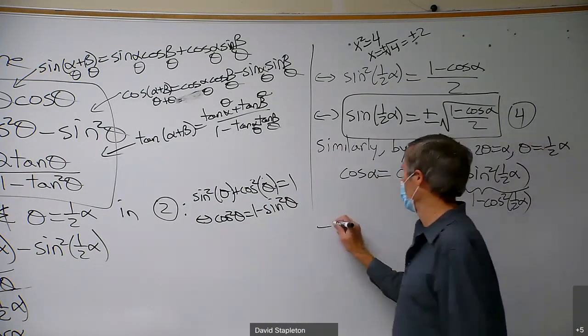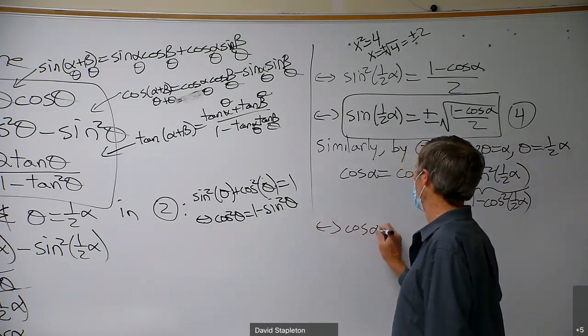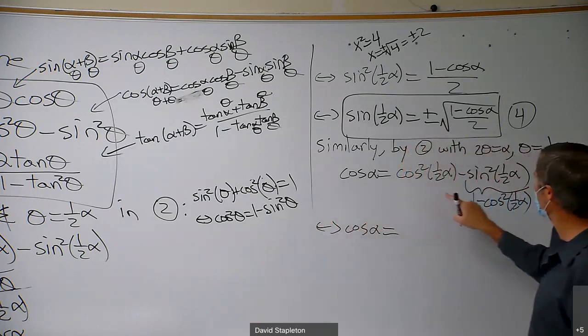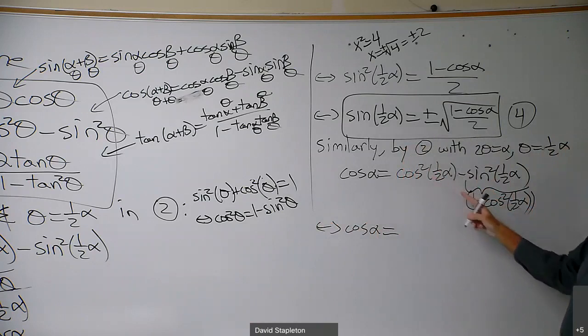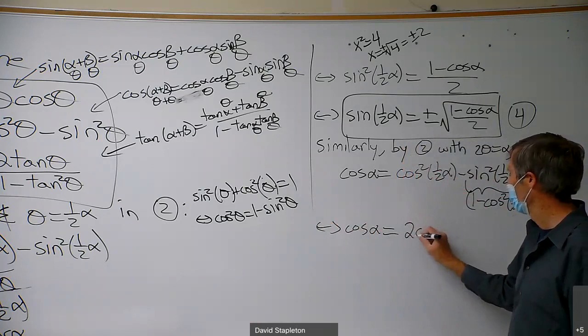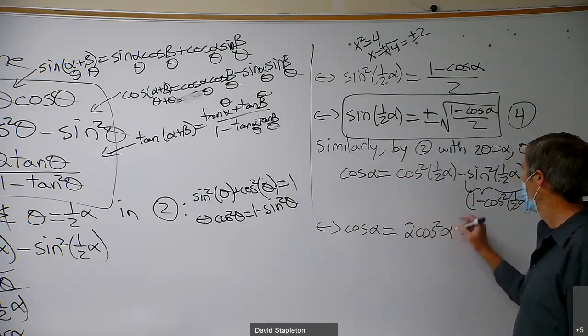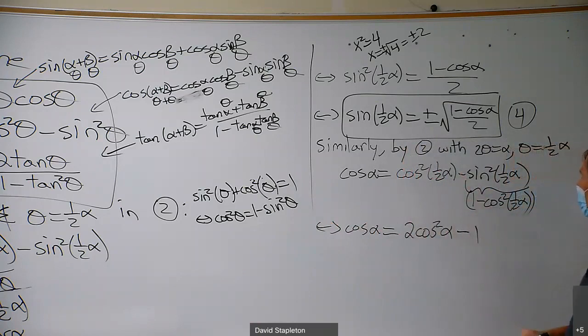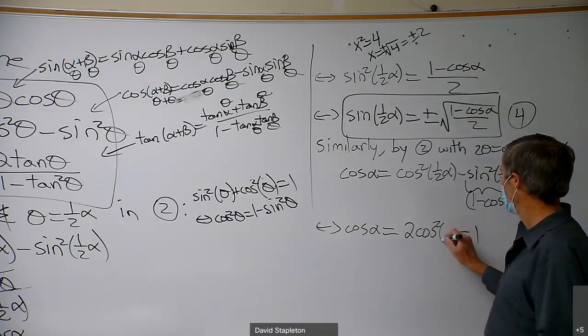Now what I've got equivalently is cosine alpha equals cosine squared minus 1 minus cosine squared, which is 2 cosine squared minus 1. You subtract the 1, and you subtract the cosine squared to get another cosine squared. So I have proved this is the case. This is an identity, except this is a half alpha, sorry.